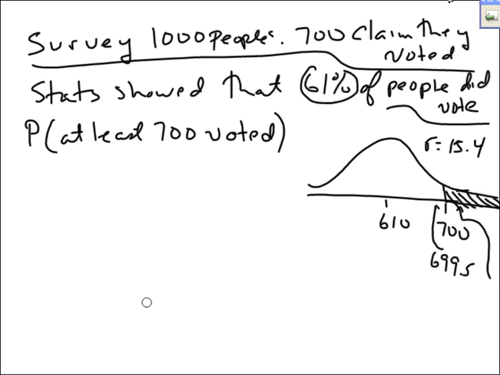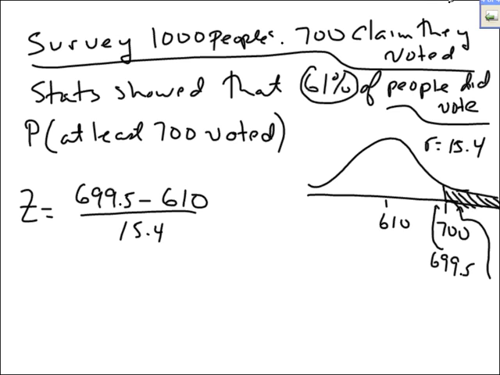Okay. So the z-score is x, 699.5, minus mu, which is 610, divided by 15.4. The top I just know is 89.5. When you divide this by 15.4, you get some answer.